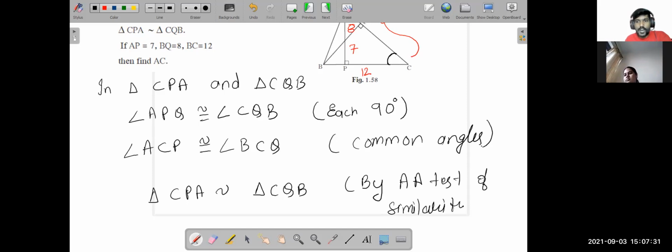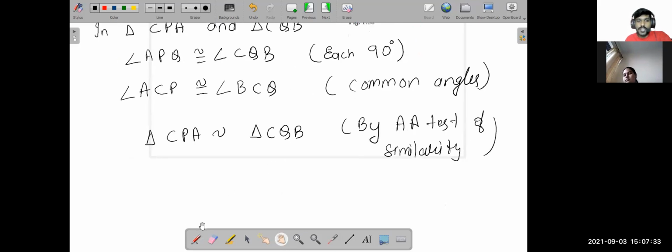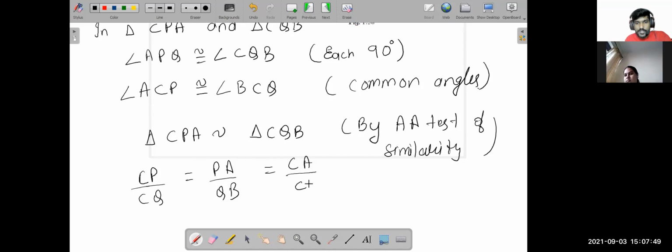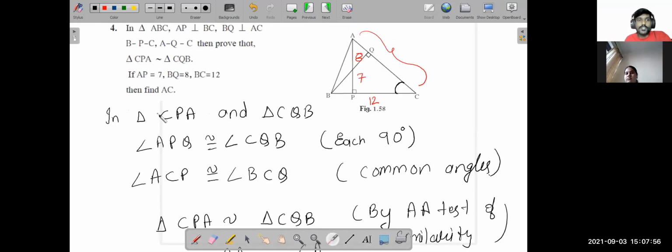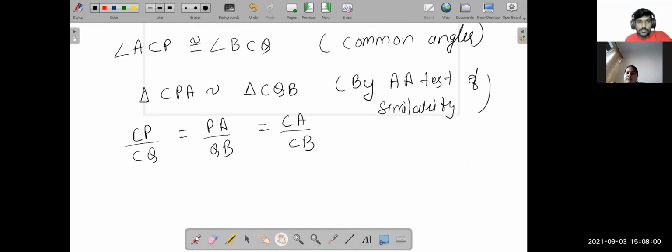Now, since they are similar, their sides will be in proportion. So you can write the proportionate sides. CP upon CQ equal to PA upon QB equal to CA upon CB. Okay, so we have to find out length of AC. Substitute all these values. So we don't require this. We'll just use this.